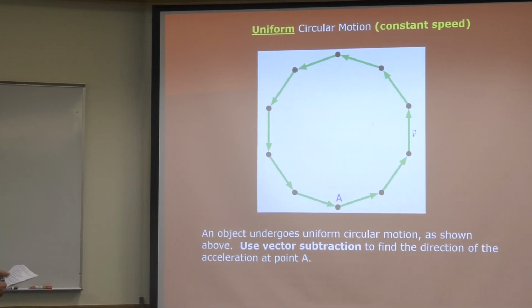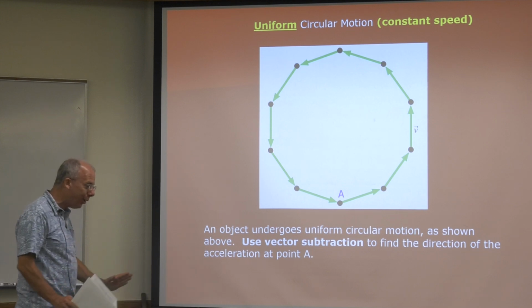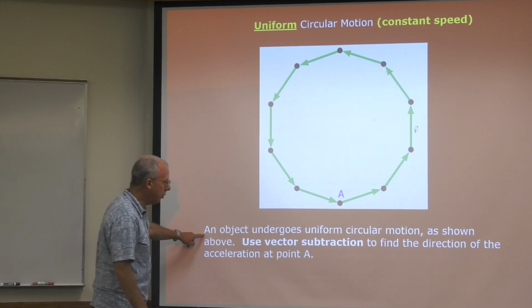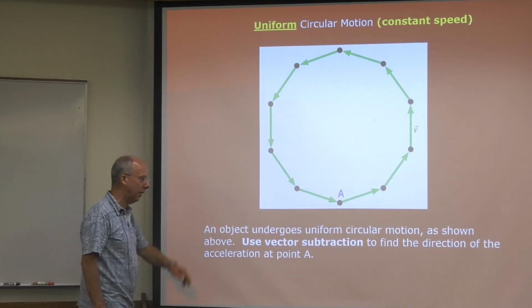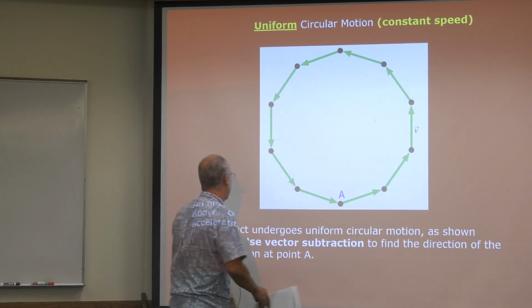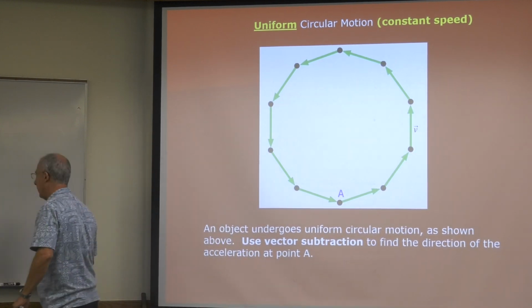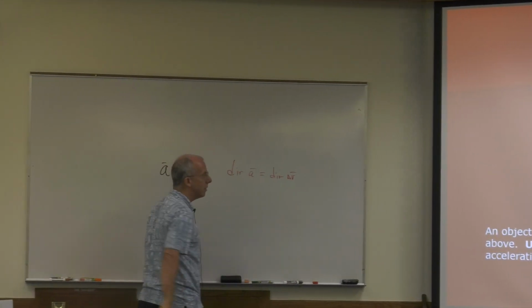All right, oh my gosh. You already did this. Do it again, please. You have to understand this. An object undergoes uniform circular motion as shown. Use vector subtraction to find the direction of the acceleration at point A. So let me give you a little hint. We know that the direction of A is the direction of delta V. We just discussed that.